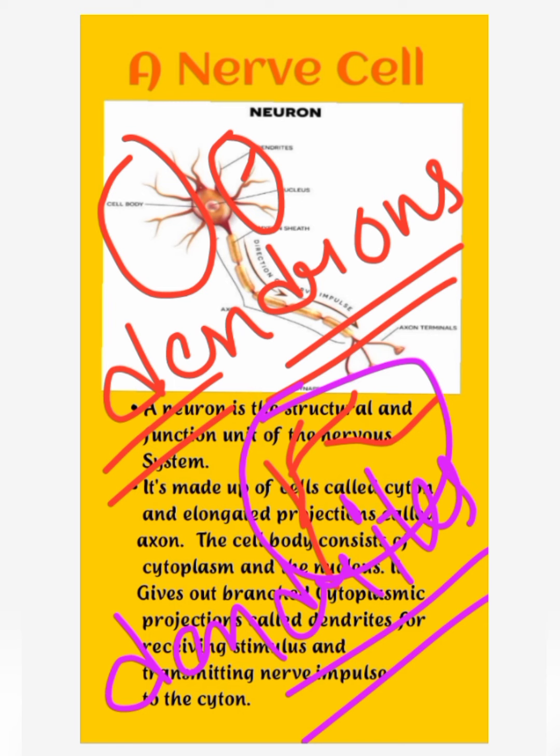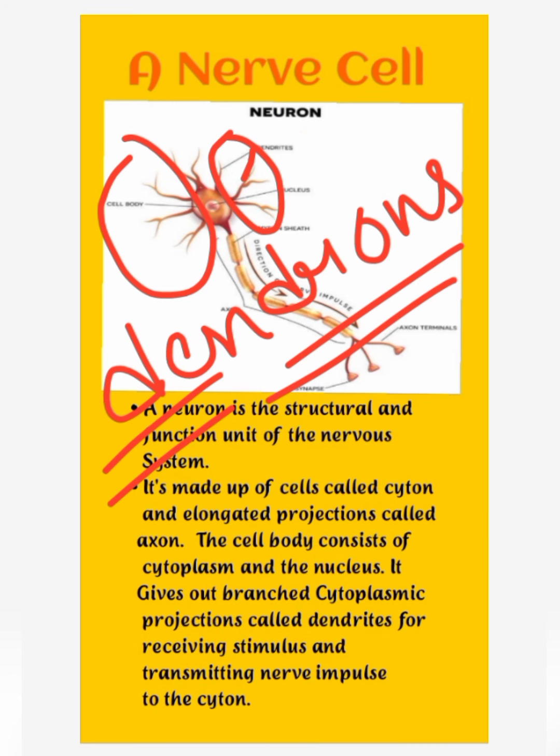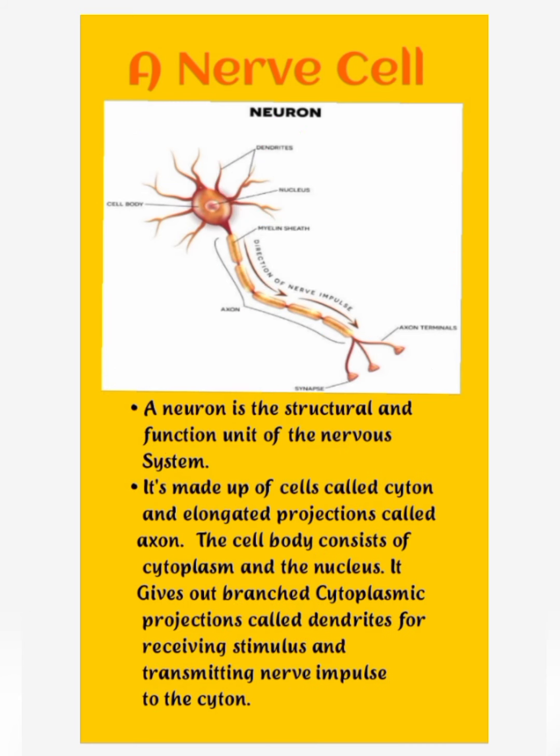Okay, so the dendrites, what are their responsibilities? What are their functions? Why are these projections present here? Let me tell you. The dendrites receive nerve impulses from another neuron.